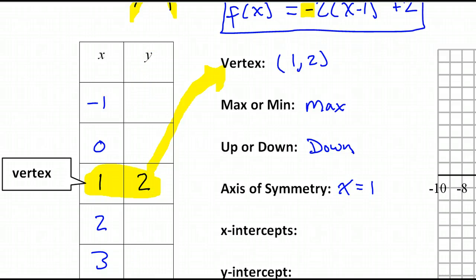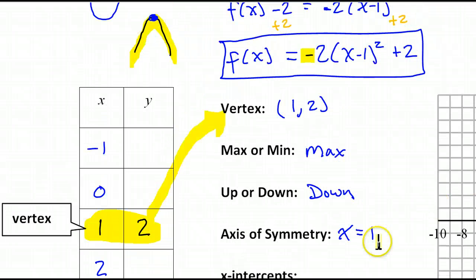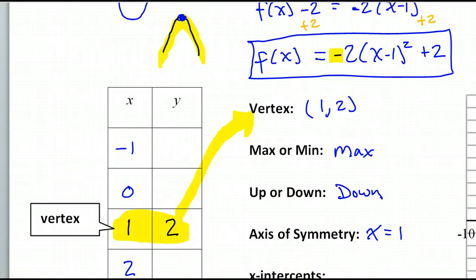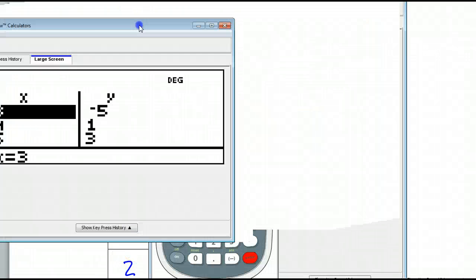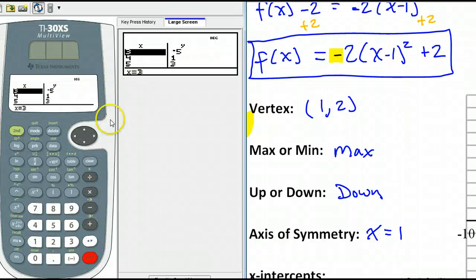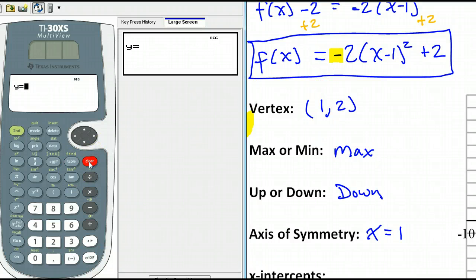So now I'm going to see what my TI-30XS Multiview has to say about all this. All right, Multiview, what do you got to say for yourself? Okay, so I'm going to hit my table button, clear that thing out.